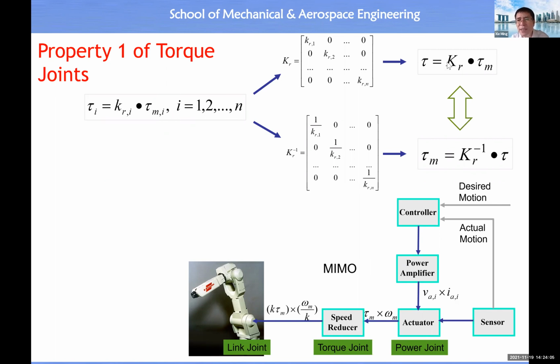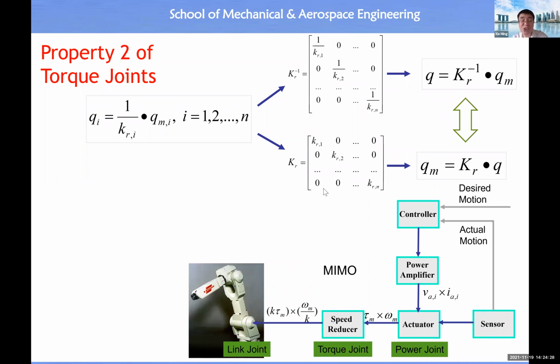Then we can also compute the inverse of KR. Then we have this relationship, which tells you that tau is a function of tau m. Then this relationship tells you that tau m is a function of tau. So then you have property one of a top joint. Then how about the angular coordinate position? Because we can also put the positions at the input of the top joints together to form this qm matrix.